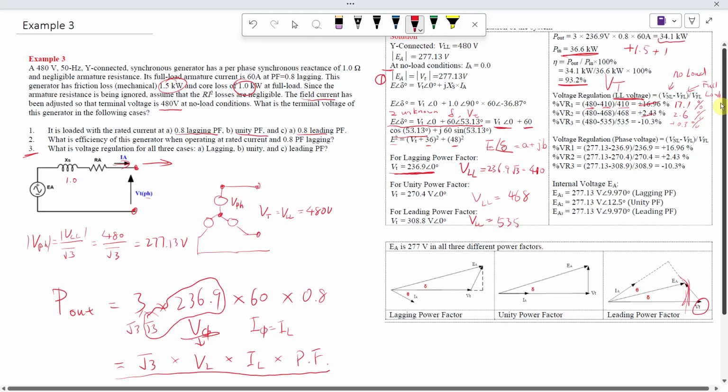So the voltage regulation is negative. It's negative 10.3. Okay, so this is actually the phase voltage regulation. Okay, so that is all about this question.